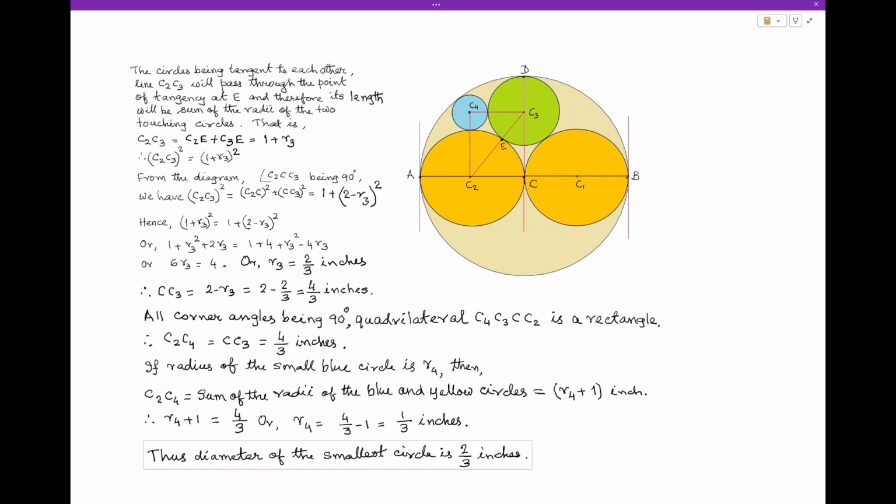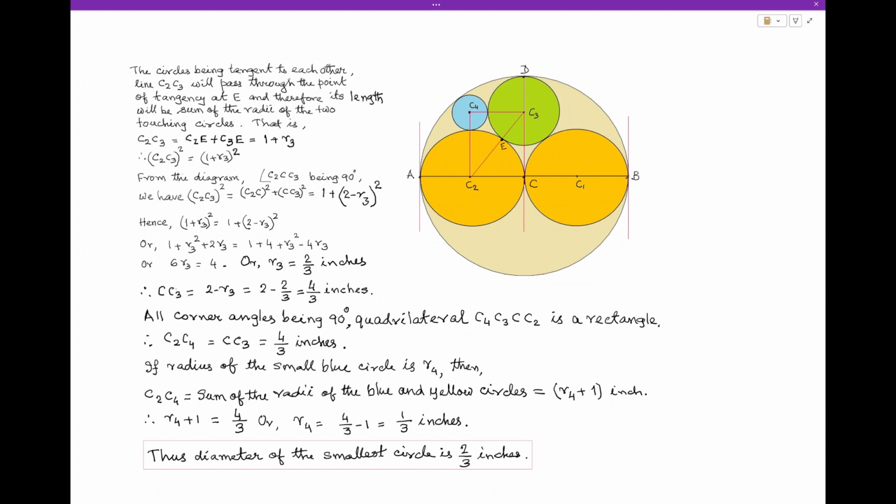Why? Because C2E is the radius of the yellow circle, which is given to be 1 inch, and C3E is the radius of the green circle, which you have taken as R3. So, C2C3 whole square is equal to (1 plus R3) whole square.